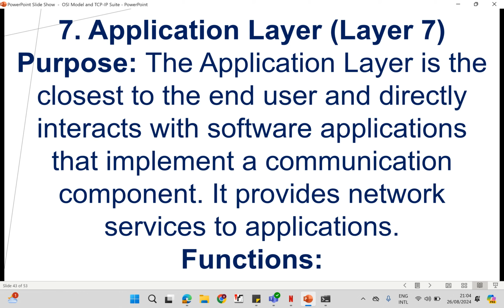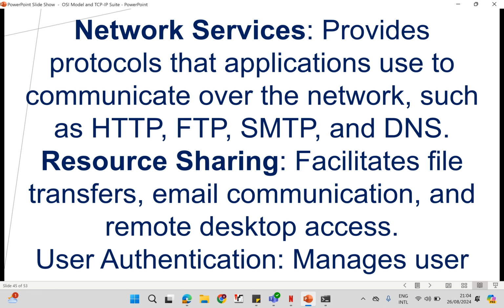It provides network services to applications. What are the functions? Number one, network services. It provides protocols that applications use to communicate over the network, such as HTTP, FTP, SMTP, and DNS. Most of us already understand how DNS works.